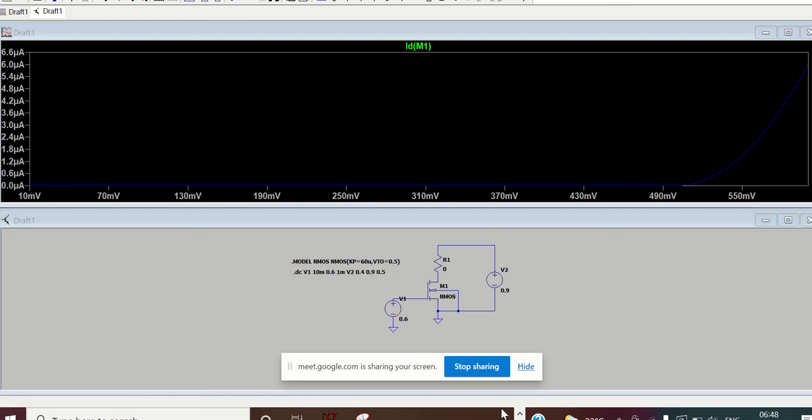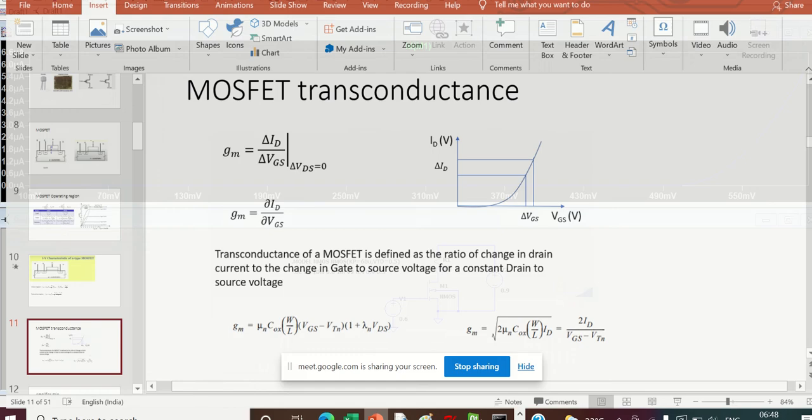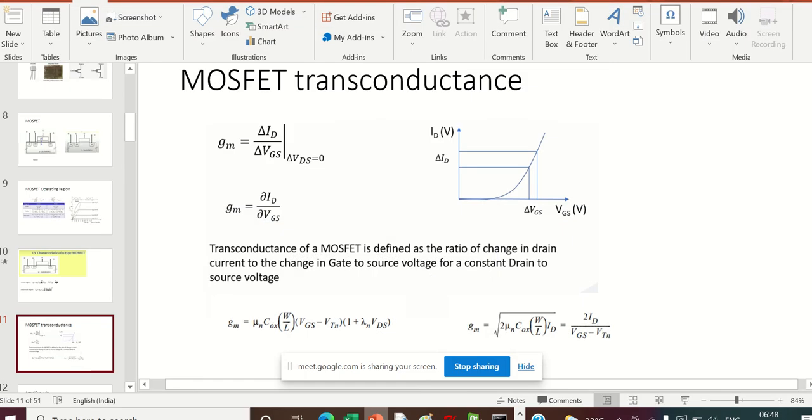Okay, the plot is fine, but I wanted to see multiple things. VGS, correct. VDS variation will not affect much. Okay, that is true.